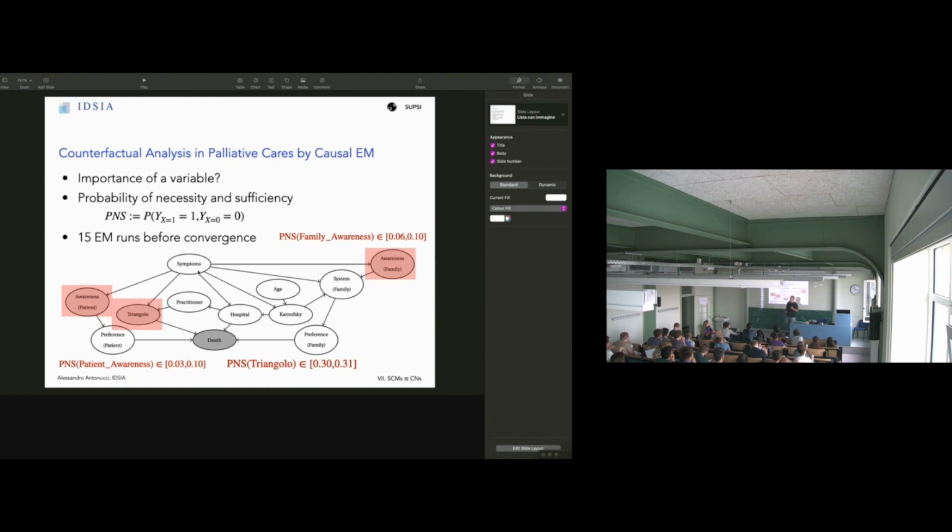So, for instance, what is the probability of being sick without the treatment and being non-sick given the treatment jointly? This is called the probability of necessity and sufficiency, and is very commonly used as a causal descriptor. So we can measure the causal strength of these three variables in terms of this PNS query.